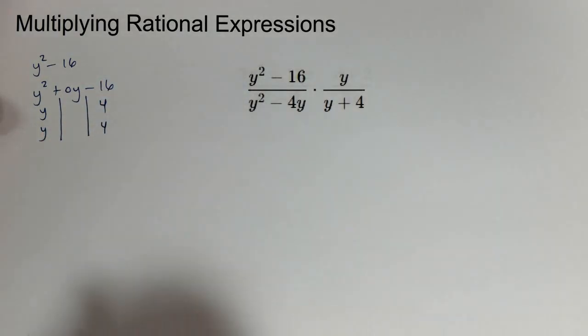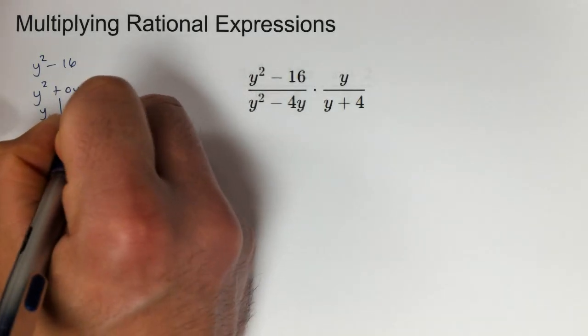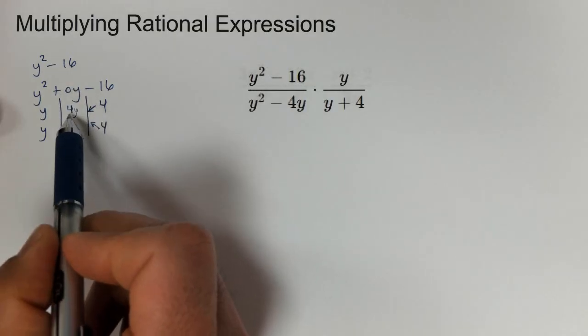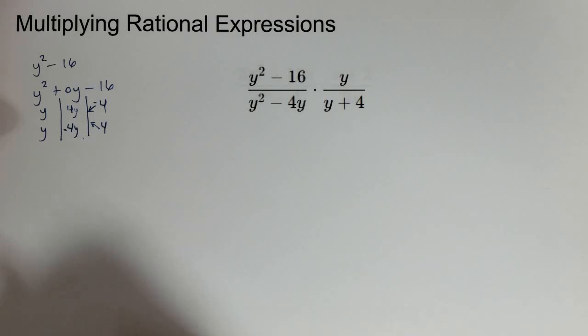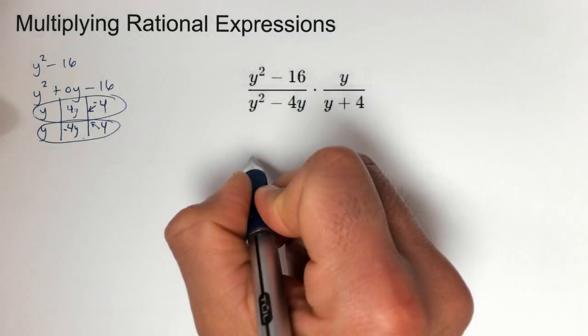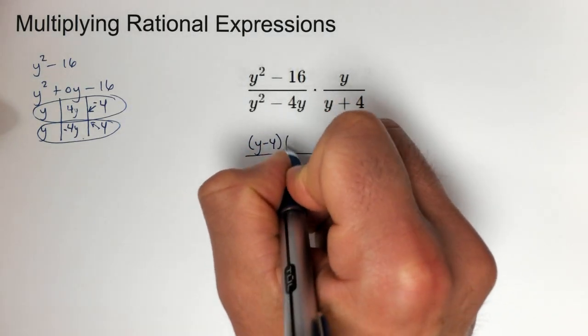As you cross multiply, you get 4y, you get 4y, and the only way to get a 0 is if you subtract these two, which means one of them has to be negative, right? So the factors here are y minus 4 and y plus 4. So I'm going to rewrite the numerator as the factors, y minus 4 and y plus 4.